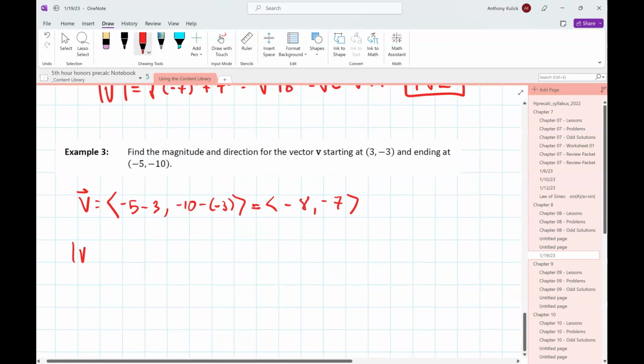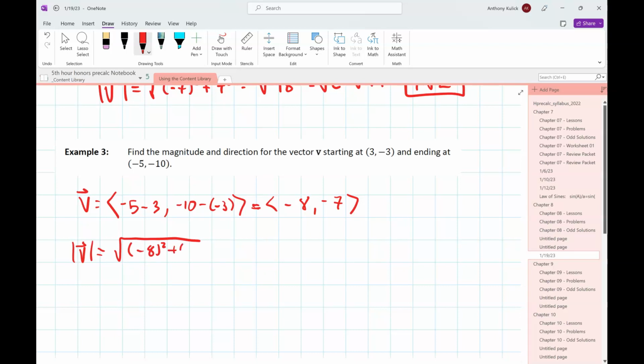So if I want the magnitude out of this, again, it's in component form, so it's no big deal. 64 plus 49 is 113, and I don't think that has any factors that can simplify out.